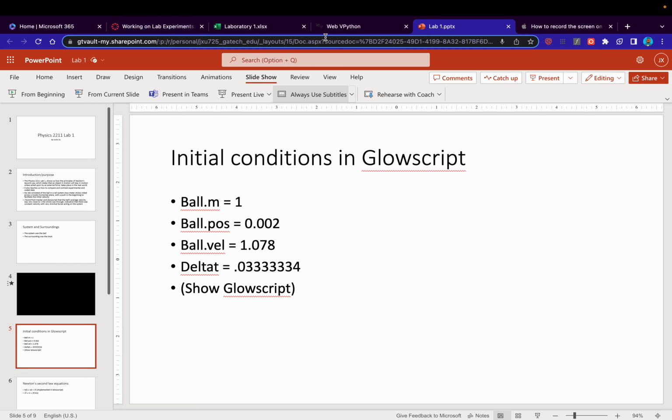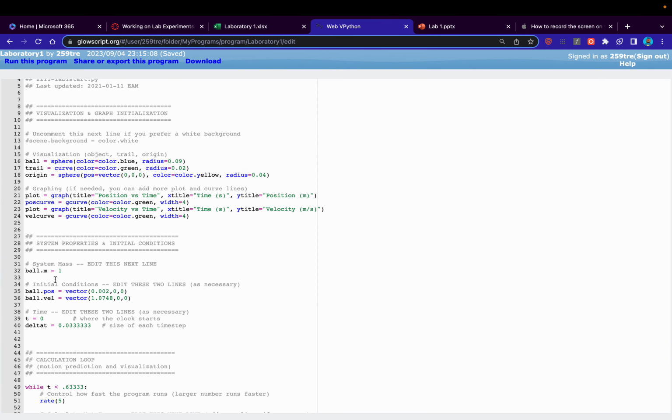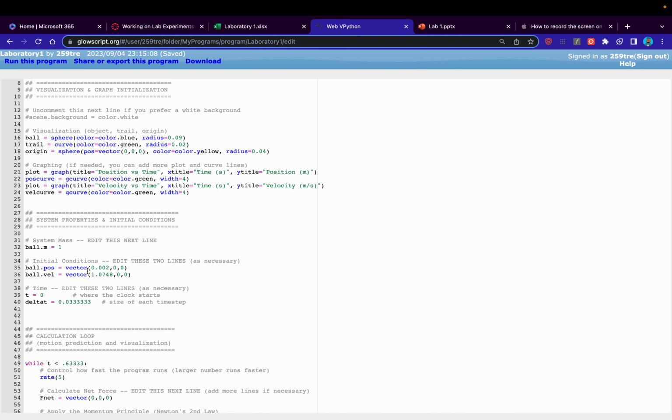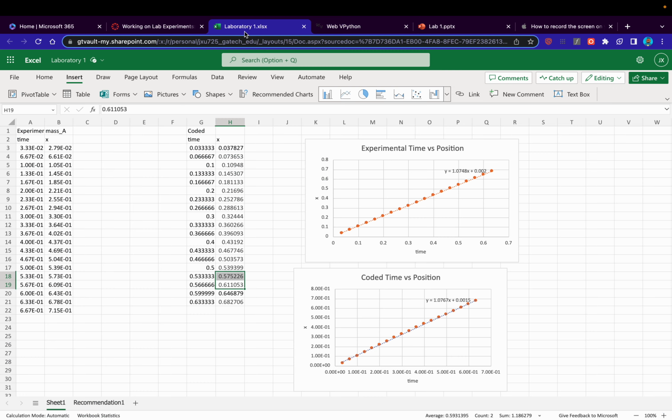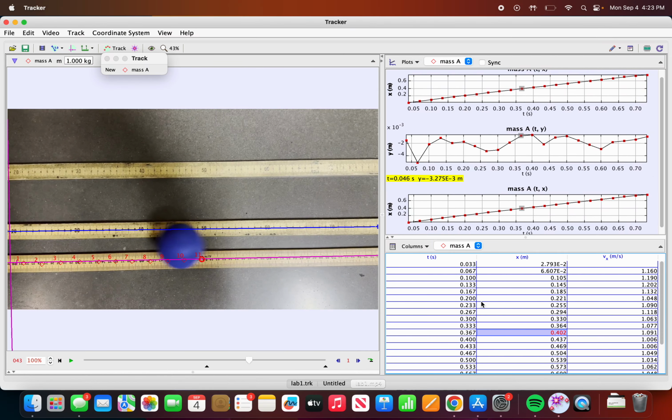So if we hop into GlowScript, my ball's initial mass was 1 gram. And the position and velocity vectors here are from this line right here, from the experimental values that I got from Tracker, which are included here.